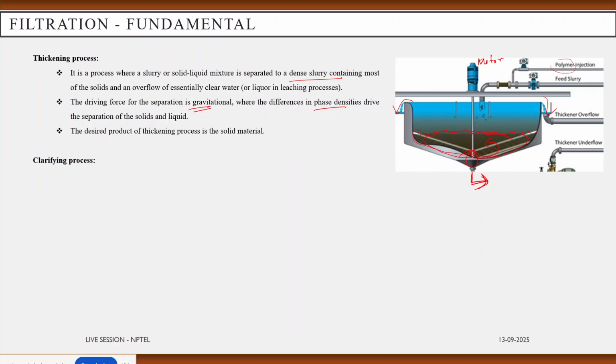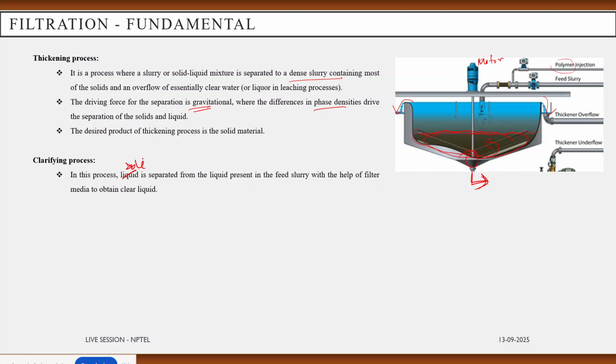Now another process is the clarifying process. It is also a process for separating a solid-liquid mixture. In this process, the solid is separated from the liquid present in the feed slurry with the help of some filter media to obtain the clear liquid.